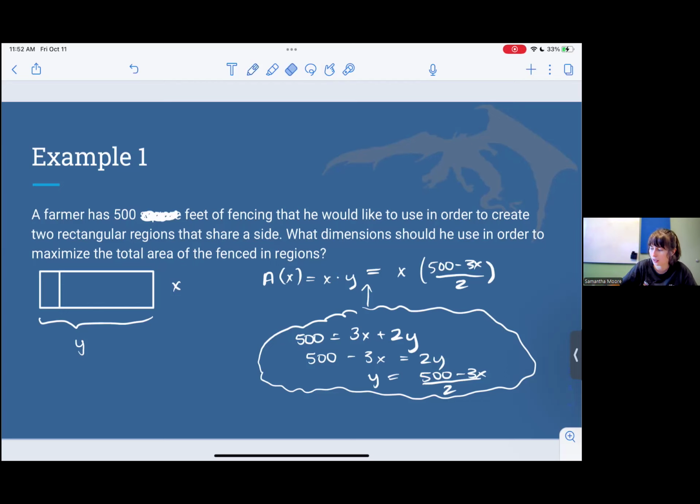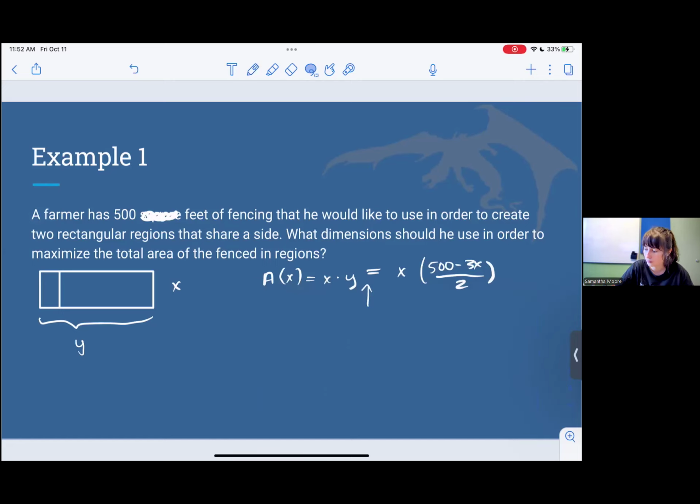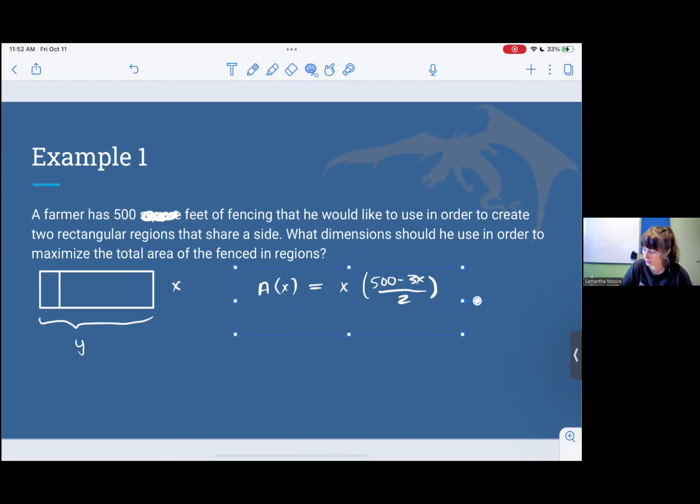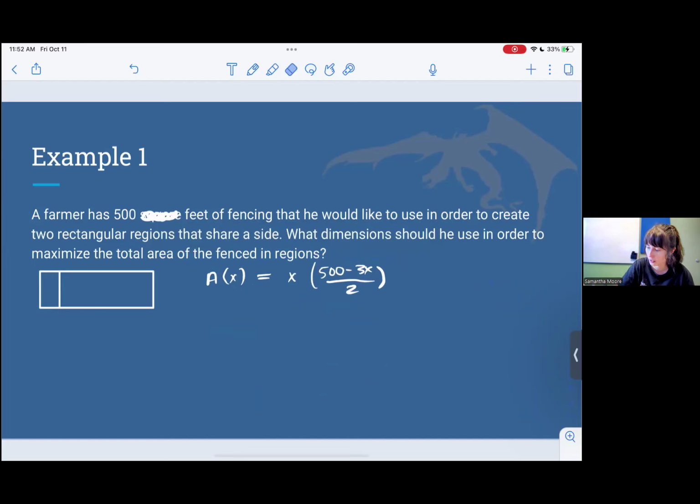Okay, so let me delete out the parts that I don't need now. At the end of the day, what I care about is maximizing this formula. So let's simplify that down a little bit.